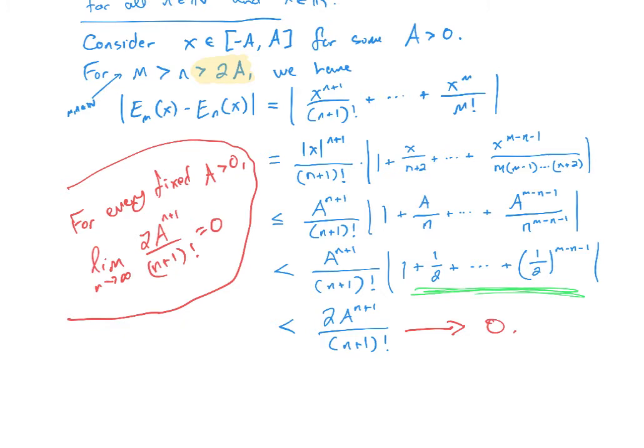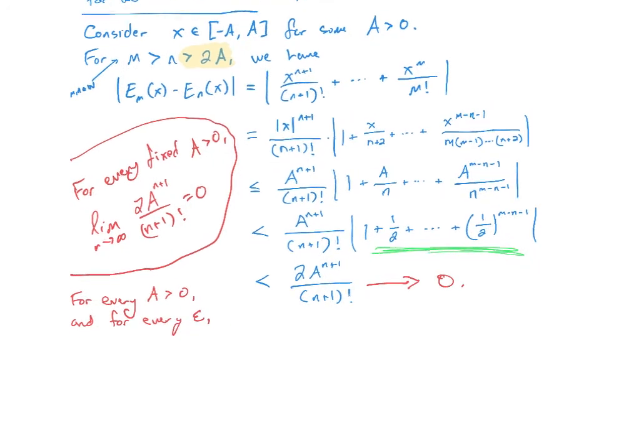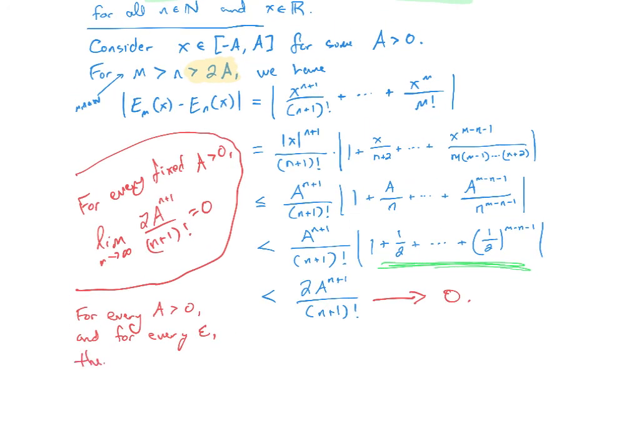So here's what we're really claiming. For every a and for every epsilon, there exists, I think we usually use H for Cauchy, don't we?